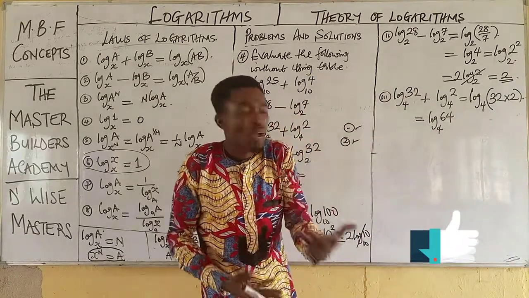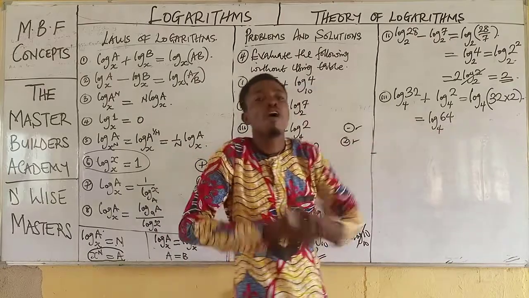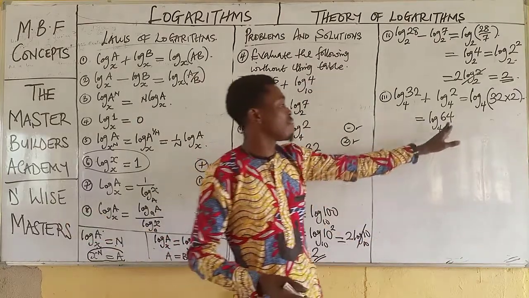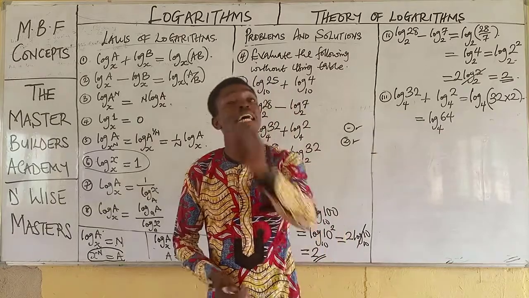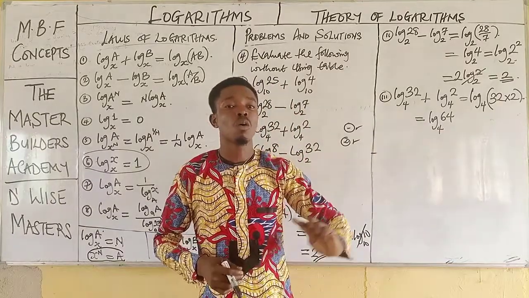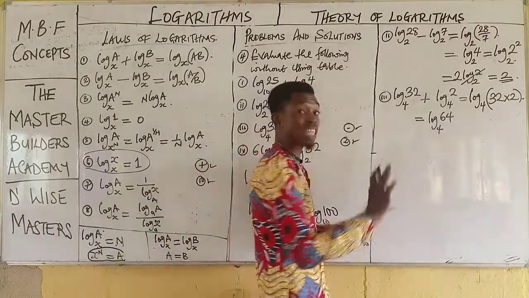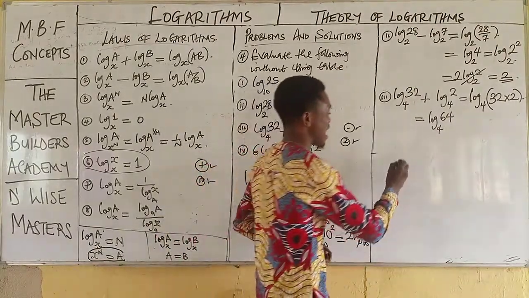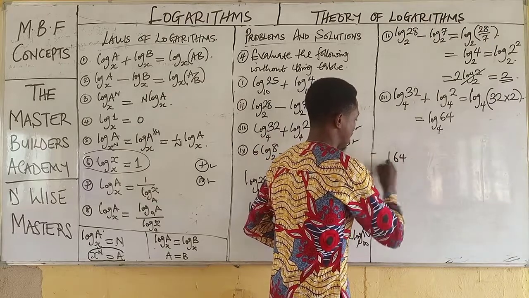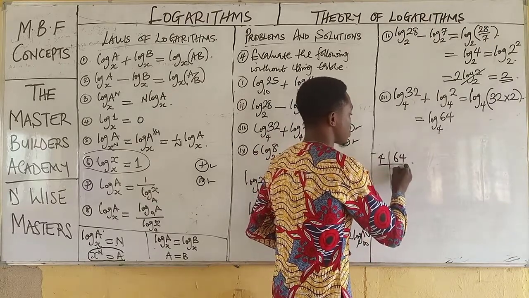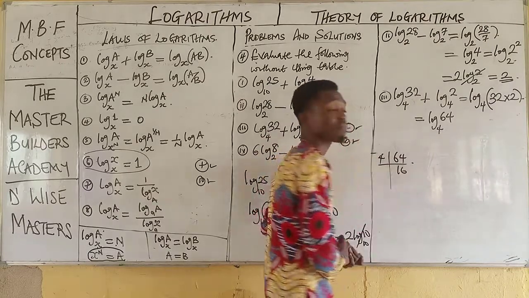So I will find a way to reduce 64 to 4. So I will simply divide 64 by 4 and find out how many times 4 will go into 64. Can we do that? Let's quickly do that. Of course, I already know it, but let's do that. Okay. So we have 64 divided by 4. 4 into 64 is 16.